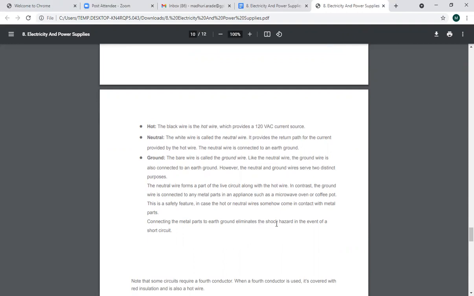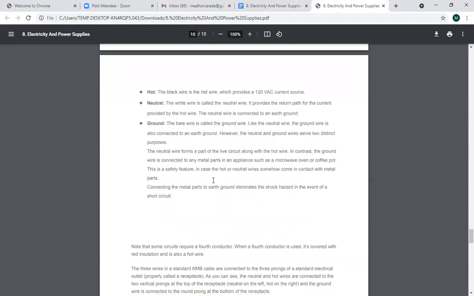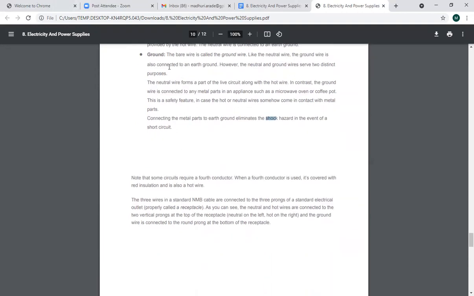So in case of any possibility of shock, or if the fuses are not working properly, in that case the current will flow directly through that path to the ground, and it eliminates the shock. So that is the use of the ground.